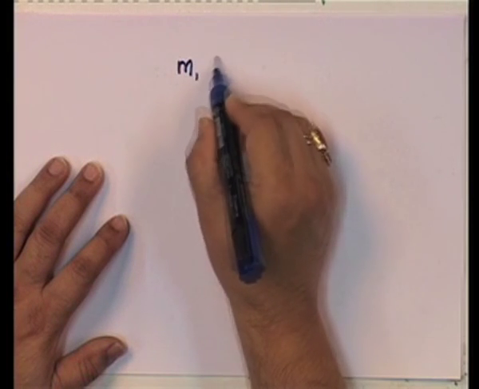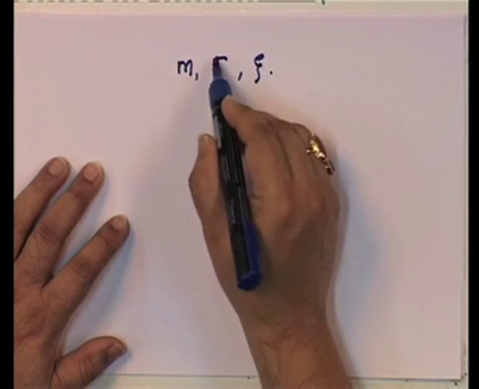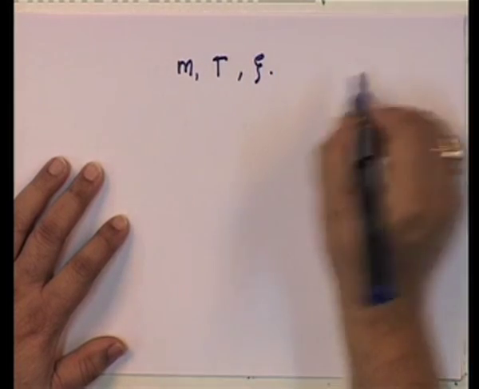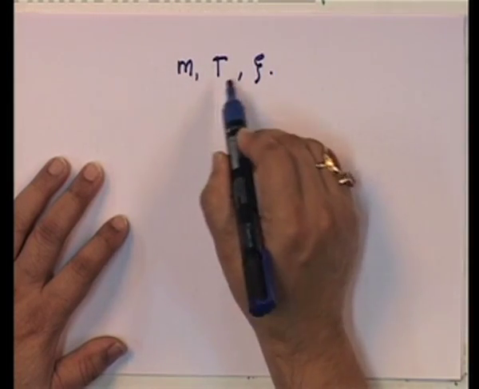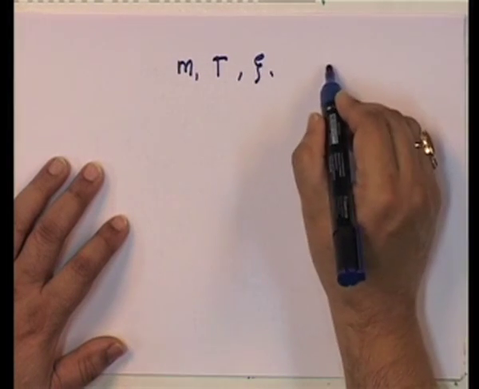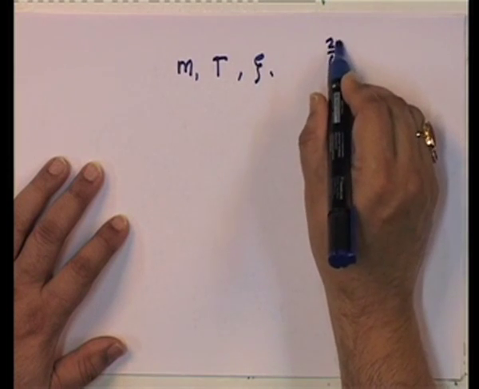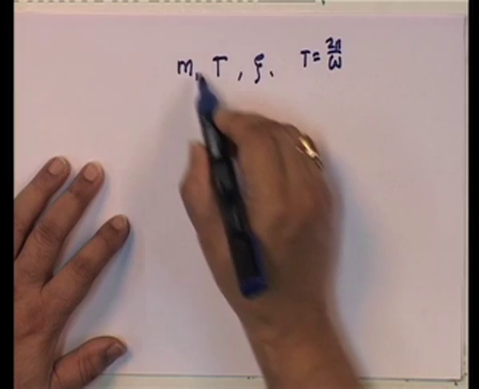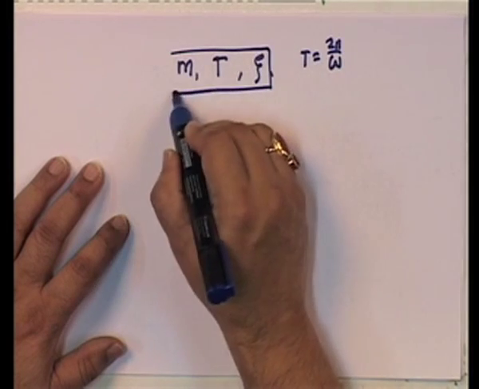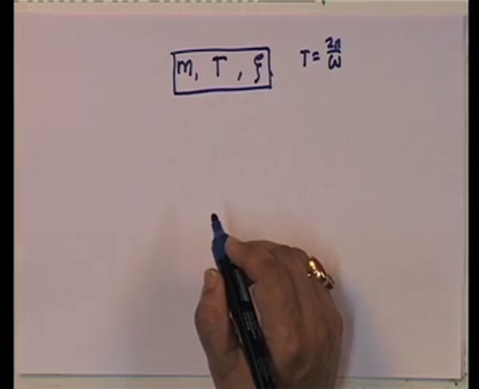So, I am defining a structure by its m, t and psi, right. These 3 define everything. They define m, k, c, everything. But t is nothing but the time period. So, this represents the single degree of freedom structure, and let me find out the response to this.